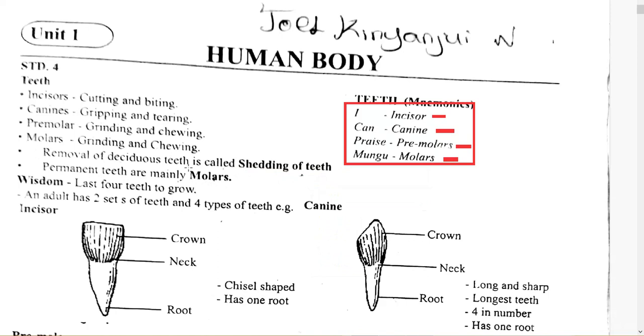Molars are permanent teeth, so when you are asked about the permanent teeth, you should know it is molars. For teeth to grow, zile meno za mwisho zinamea zinaitwa wisdom teeth.